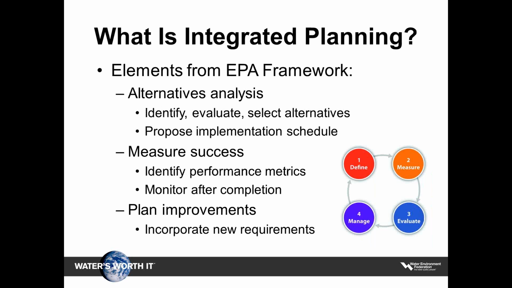And then they require an alternatives analysis. This is similar to the long-term control plan process that CSO communities are familiar with, to identify, evaluate, and select alternatives and propose implementation schedules. The final two elements of the integrated planning framework are measuring success as you're implementing the plan, and then plan improvements to incorporate the new requirements, using adaptive management concepts.